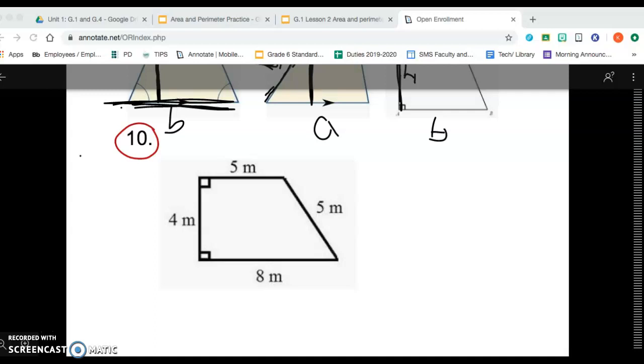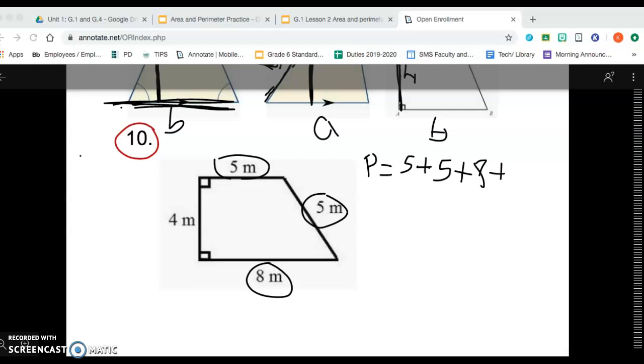So we're going to go ahead and solve this. We're actually going to find area and perimeter, so let's start with perimeter. Remember, perimeter is just the distance around the outside, so all we have to do is add up all of our numbers, right? We have a 5 and a 5. So we have 5 plus 5 plus, and then we have an 8, and then we have a 4.